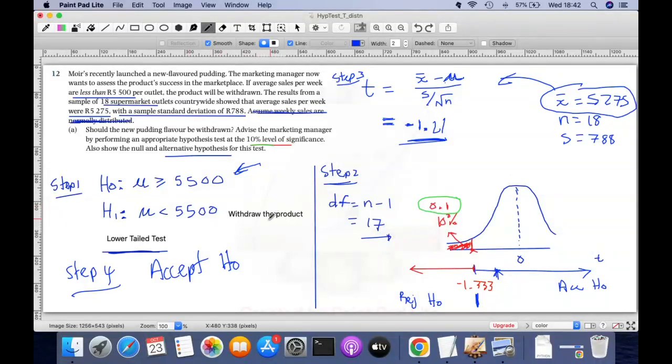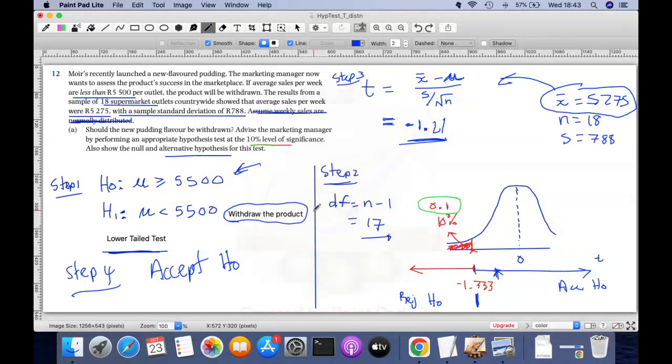Now, this is why I wrote this little point here for H1. Now, based on what we found, right? If we were accepting H0, do we withdraw the product or not? Let's answer the business problem now, based on all this work. What's the consensus, everyone, in the chat?